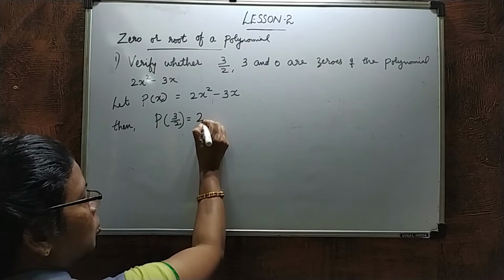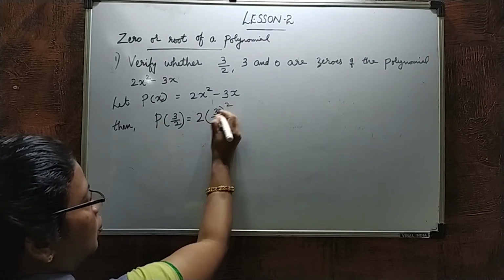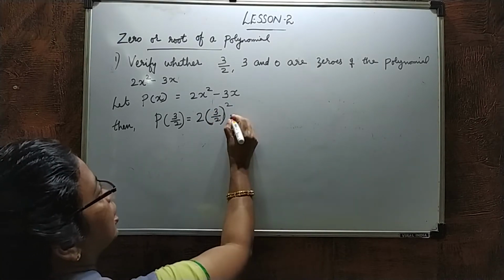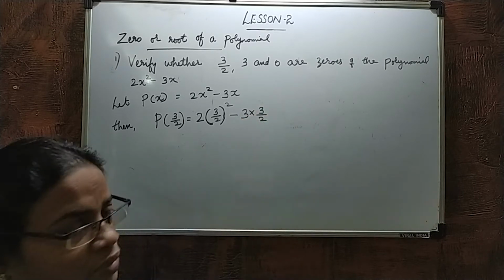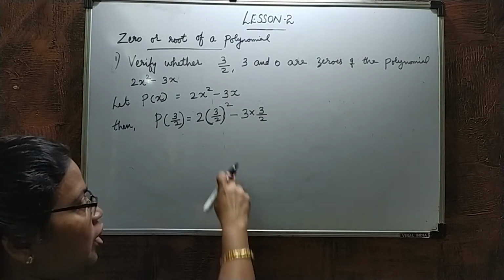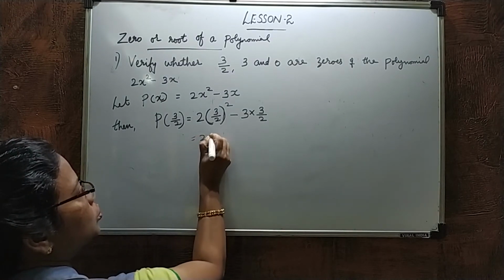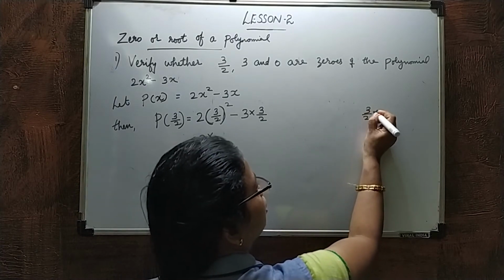It will be 2 into 3 by 2 the whole square. I put it in brackets because the exponent is there. Okay. Minus 3 into 3 by 2. Now what is the next step? You have to expand. That means 2 into 3 by 2 square, 3 by 2 into 3 by 2.